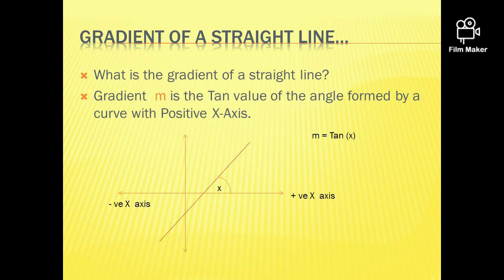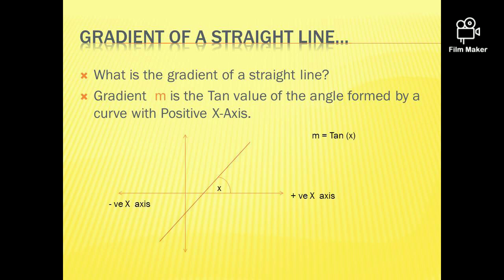What is the gradient of a straight line? In an equation y equals mx plus c, m is the notation for the gradient of a straight line. The simplest definition of the gradient of a straight line is, you know that if you draw a straight line, it generates an angle with the x-axis. You can see there are two angles it can generate, the first one with the positive x-axis and the second one with the negative x-axis.